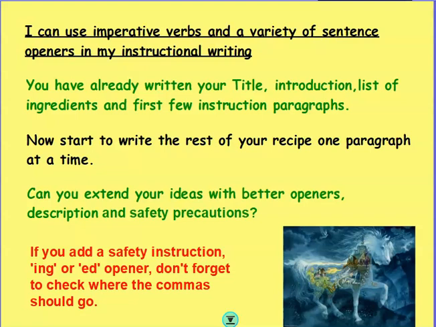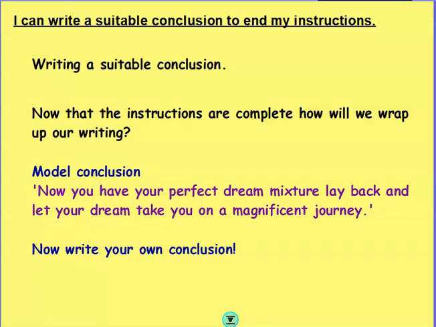If you add a safety instruction, ing or ed opener, don't forget to check whether you need any commas. Read back carefully, checking your work, and do make sure that you're putting all your capital letters and your full stops in, and you're thinking about your handwriting at all times. Are you showing us what you can do? Because don't forget, we're happy to give out a pen license if we see brilliant writing on any of the things that you send in to us.